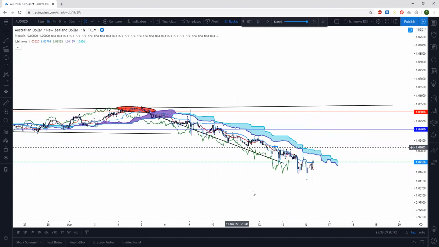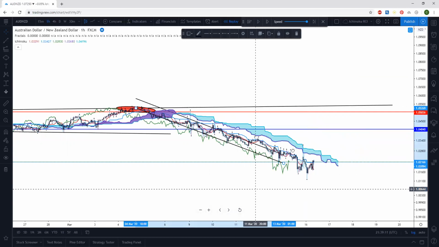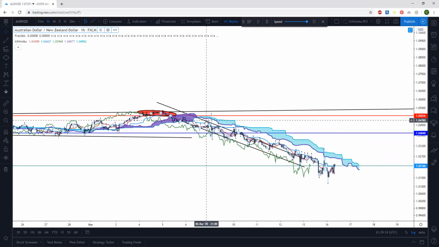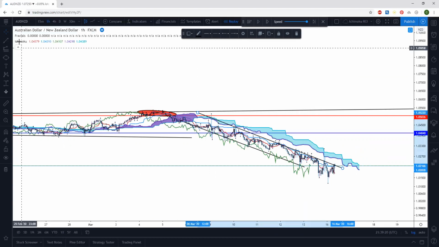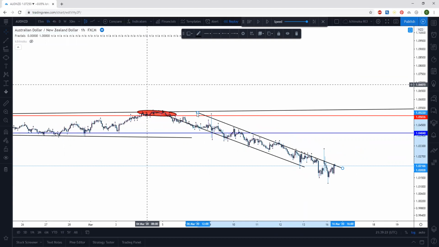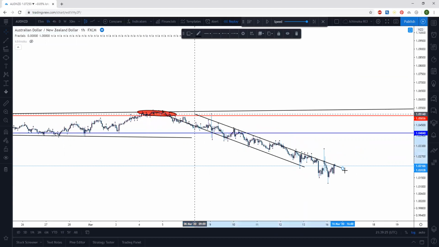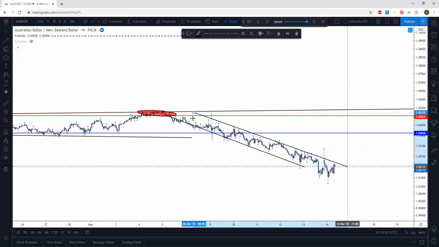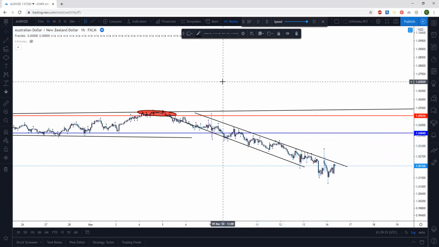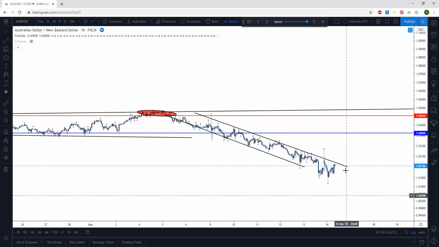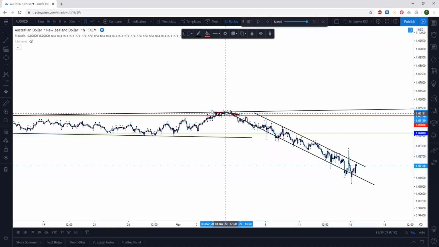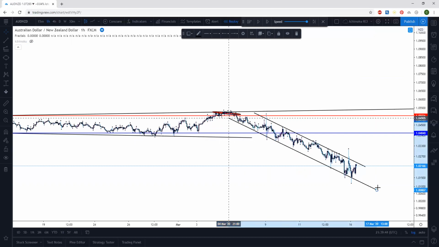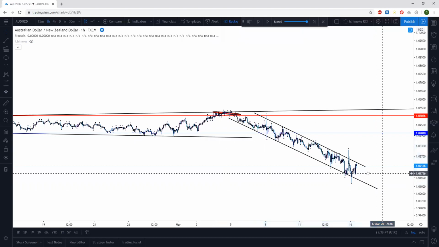It formed the channel anyway. Yeah, we're in that channel too. We could have probably extended even more. Right there. See that channel?